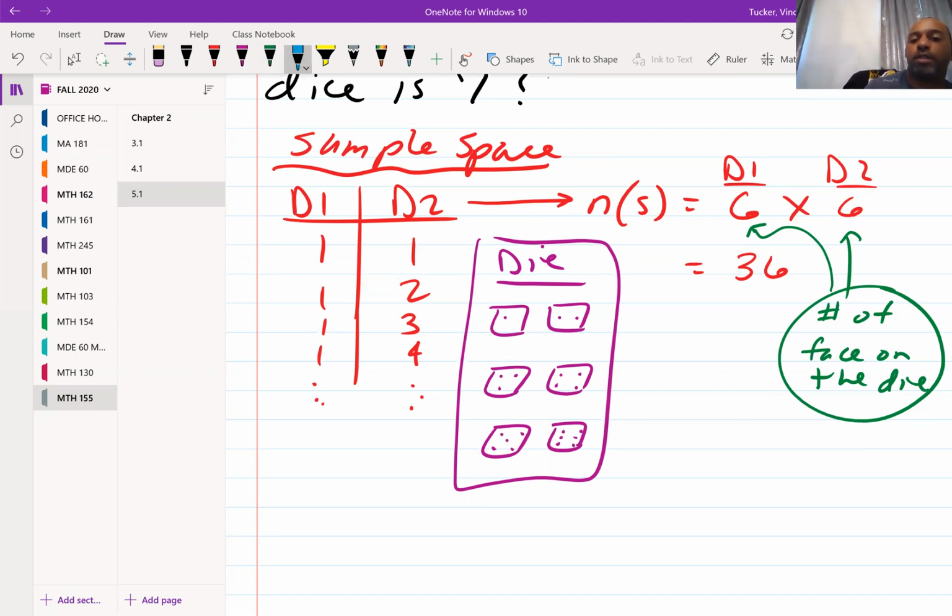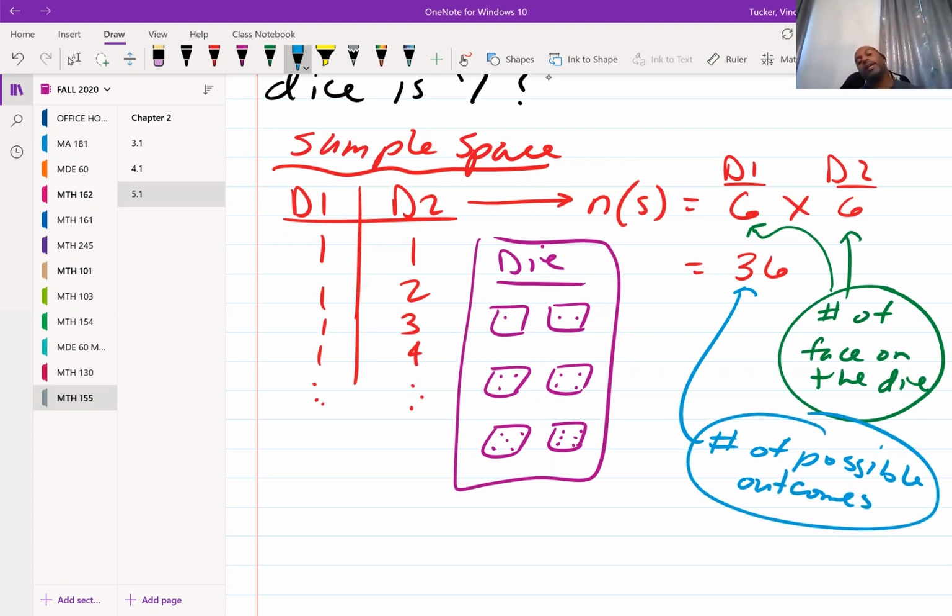And so now this 36 is going to represent the number of possible outcomes from the 2 dice. When you roll the 2 dice, 36 represents the number of possible outcomes that can be created.